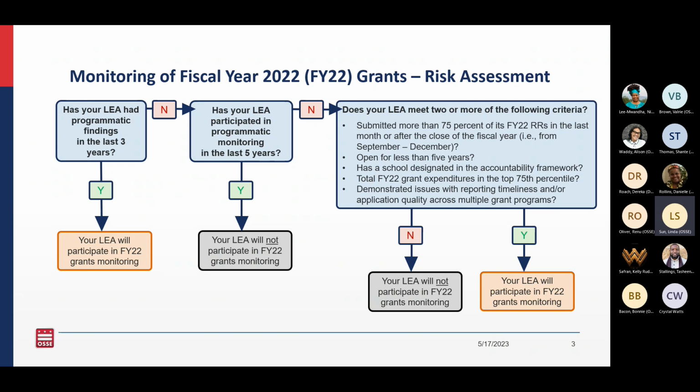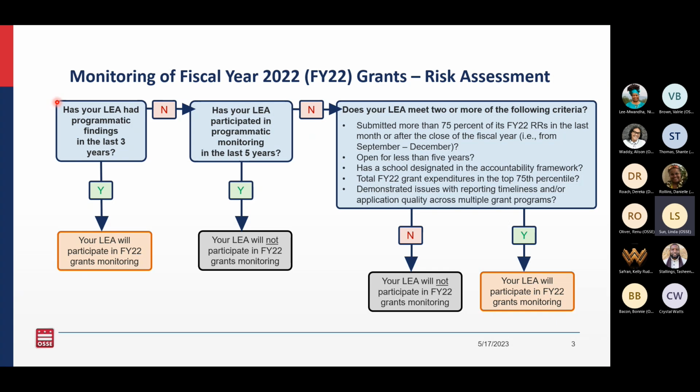So our approach was to really look at LEAs who had either had recent programmatic findings or LEAs that have not been visited at all for programmatic monitoring in the last 5 years. So if we start, let me pull up a pointer. If we start at the very top left-hand corner, we first looked at all the LEAs and if they had programmatic findings in the last 3 years.